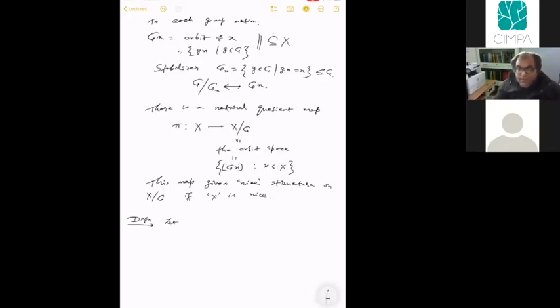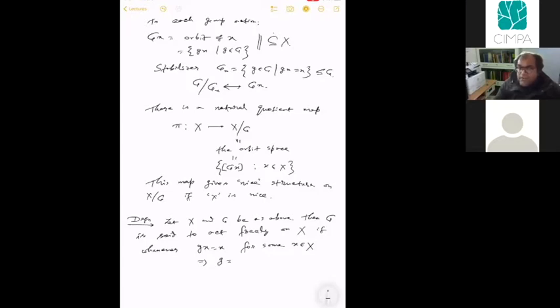Okay, so let X and G be as above. Then G is said to act freely on X if whenever g x equals x for some x in X, that implies g is the identity.